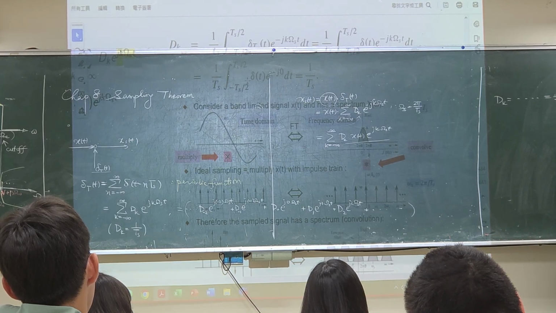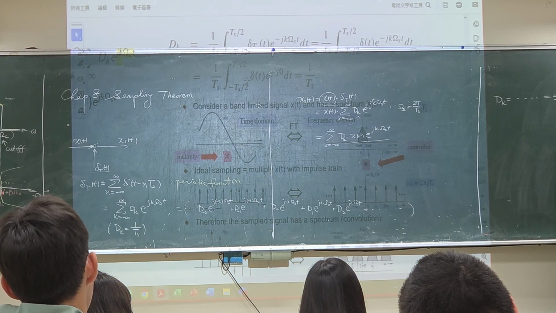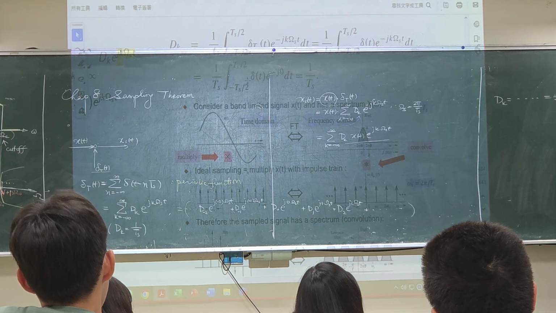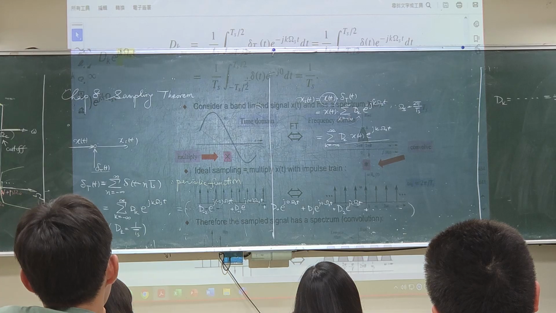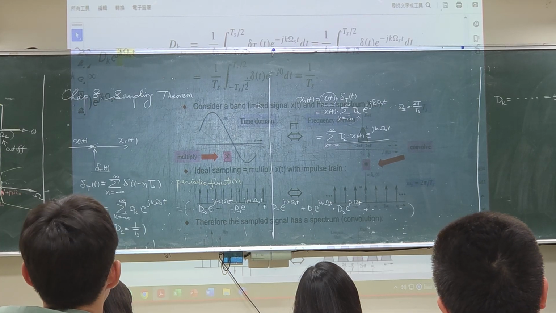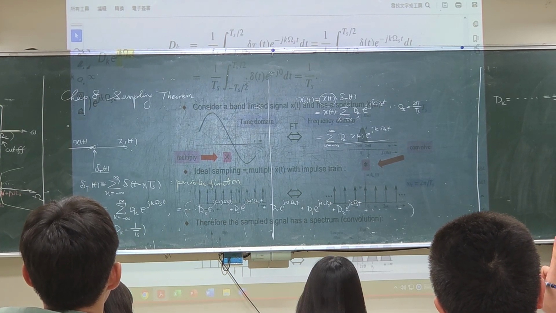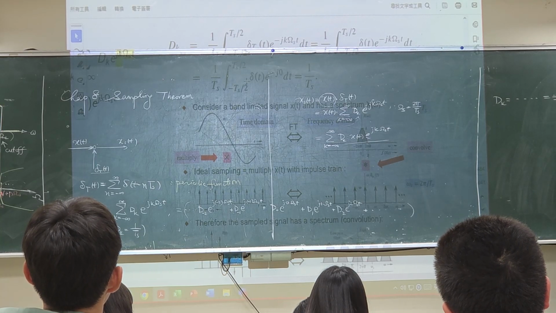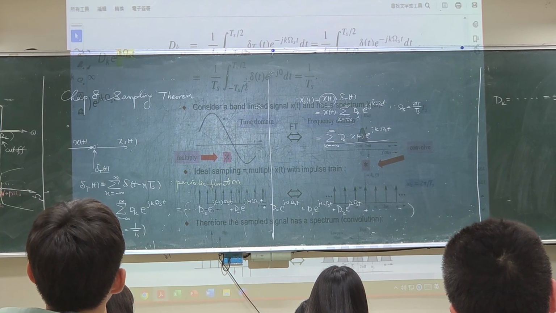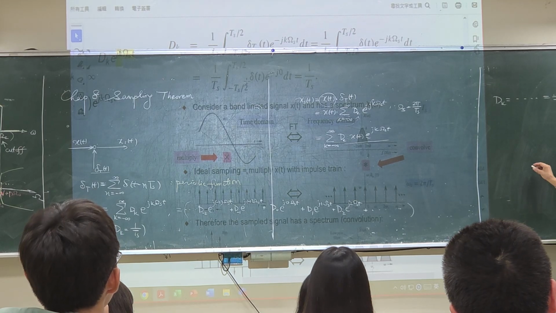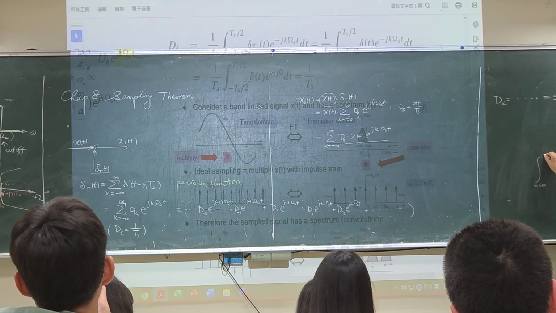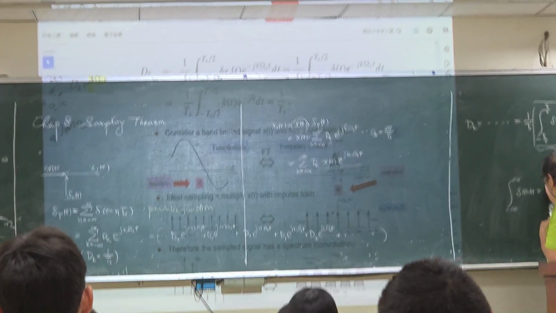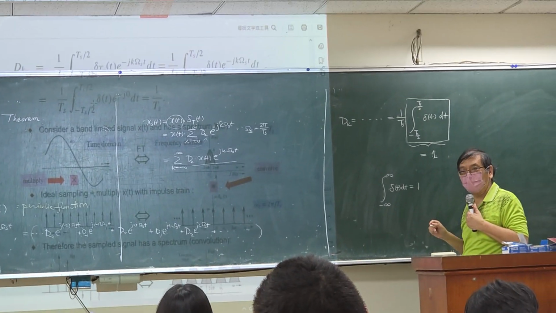What is the value of this integration? Equals 1. How come? Because by definition, if you integrate the delta function, that's equal to 1, right?